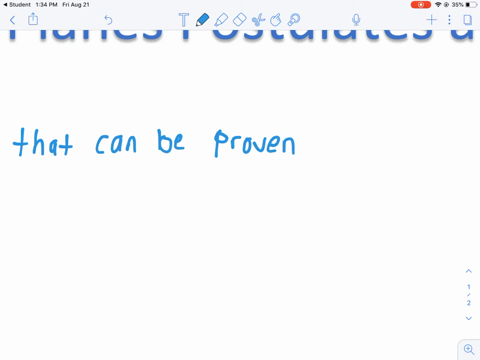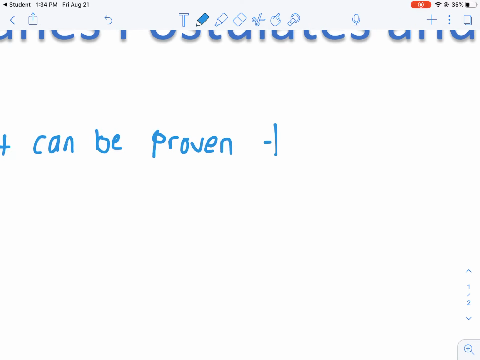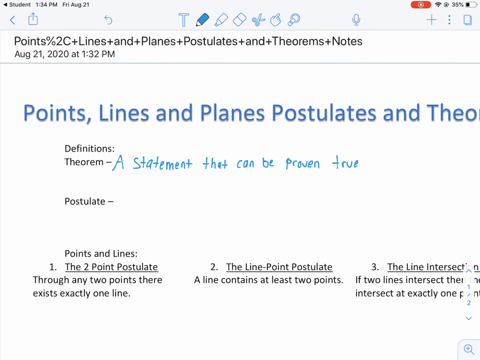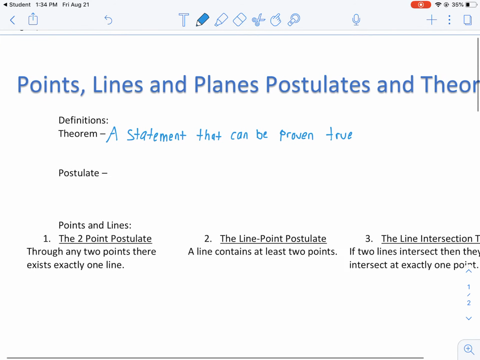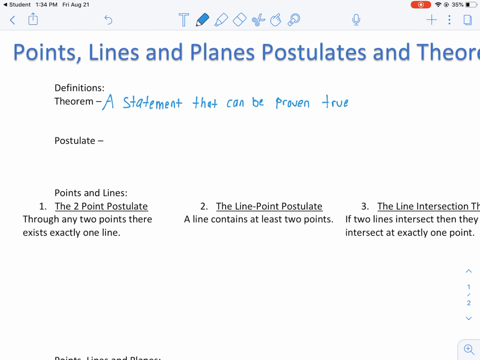So you can maybe think of the Pythagorean theorem, right? That's a theorem you guys probably all know. There's actually a proof that shows that a squared plus b squared equals c squared is always true. So that is a theorem. We know it's true. We can prove it. All right. So if something's called a theorem, you can look it up. There's a proof for it somewhere.